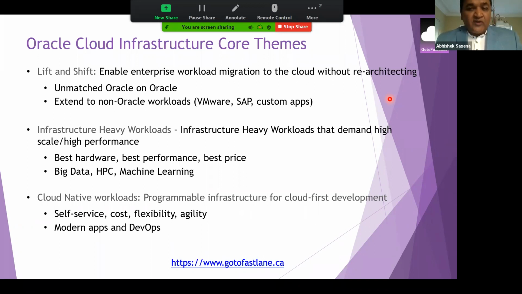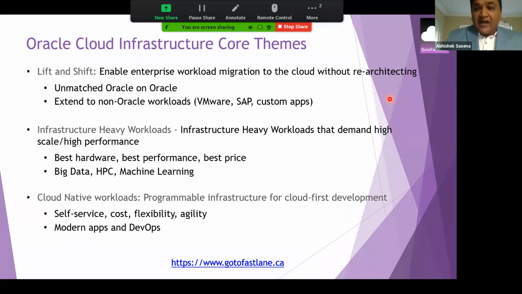Especially in the India region and the North America region, there are more than 4,500 customers running Oracle ERPs, SAP, or other enterprise resource planning software. They want to go to the cloud, so that's where lift and shift is the most important concept. Everybody wants to go to the cloud, so you are going to use the lift and shift technique to take them, and that will decide the roadmap to cloud.